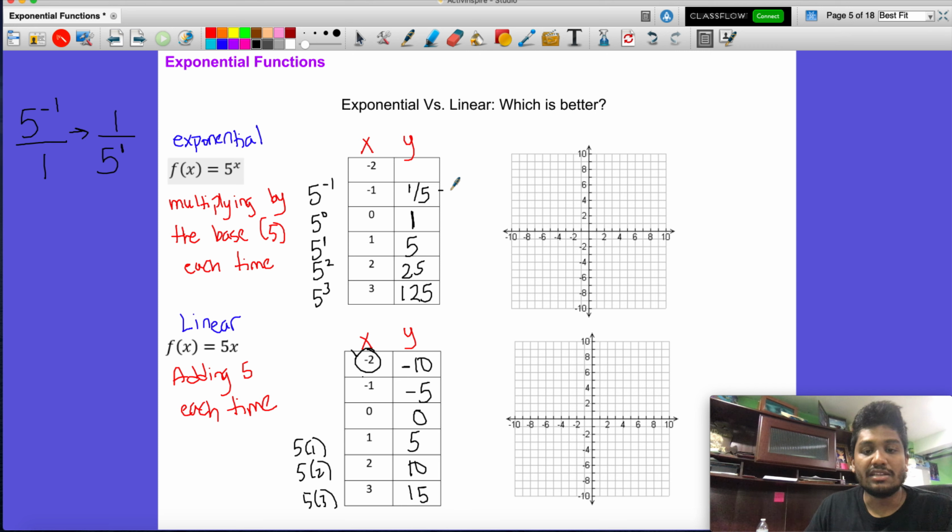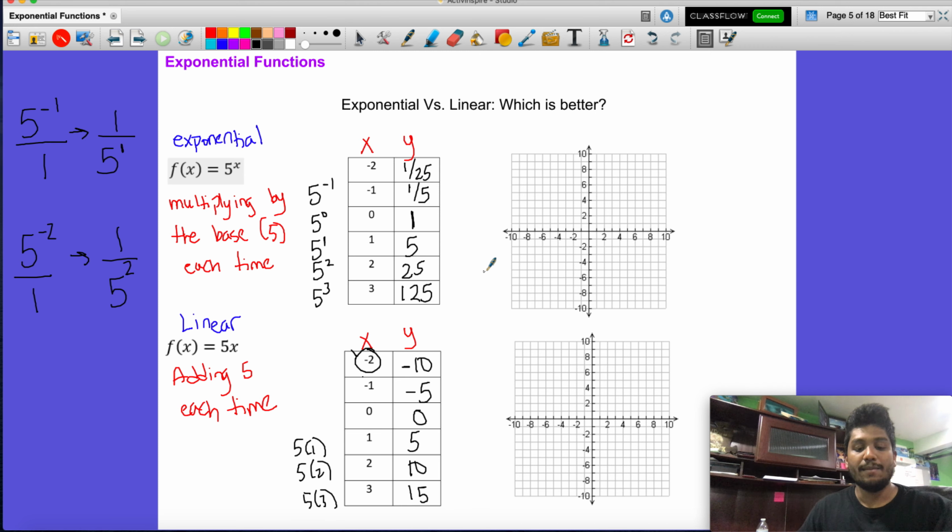Notice that it's literally kind of like the opposite. See how this is a negative 1 and this was a positive 1? It's kind of like the reciprocal of these. Okay, actually, it's not kind of. It is the reciprocal. So then 5 to the negative 2, I'm going to go ahead and flip this, right? So if I put this over 1 and I just flip it, this becomes 5 to the positive 2, which is 25, so 1 over 25.